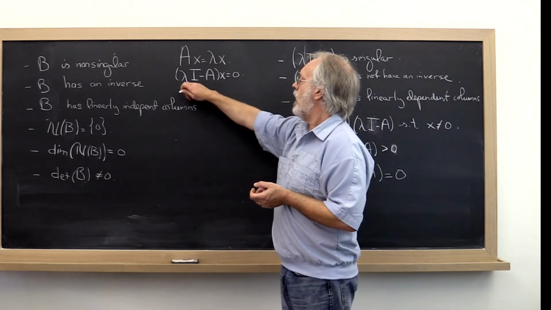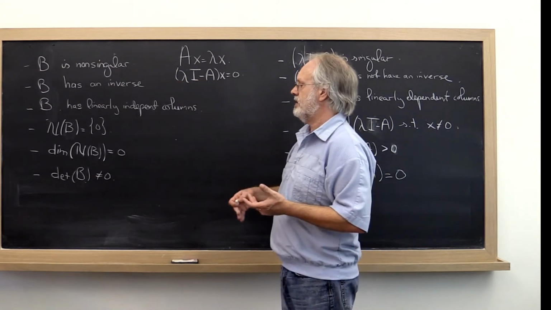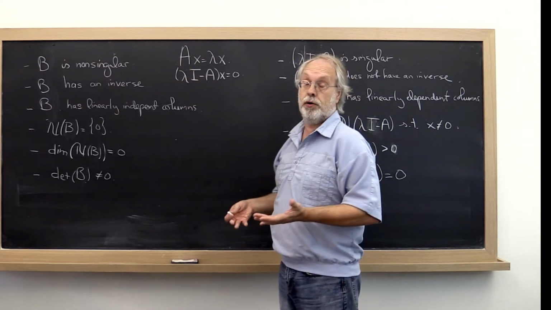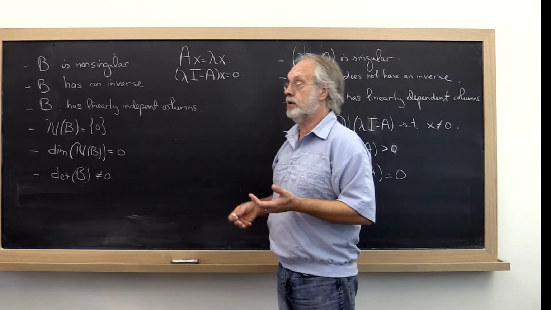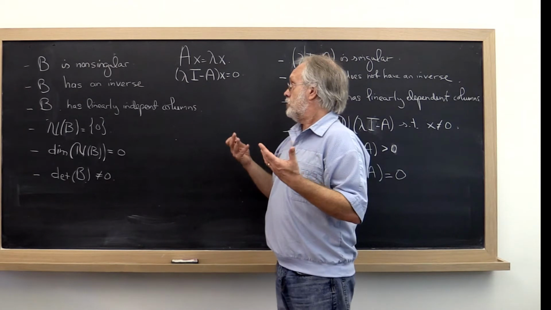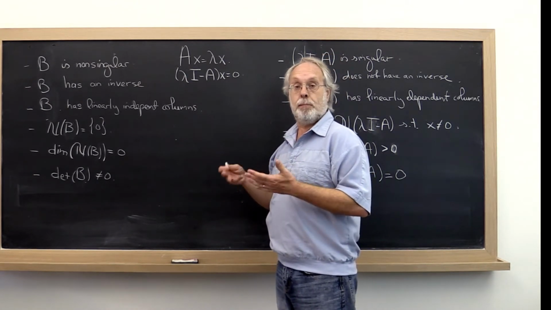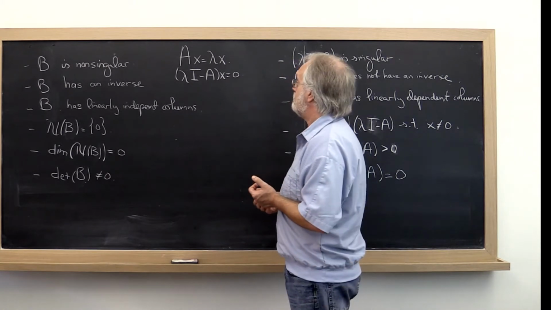And the reason why we like to write it as λI - A has to do with the fact that then the characteristic polynomial, which we're going to talk about later, automatically has a first term that's λ to the m if A is an m by m matrix.